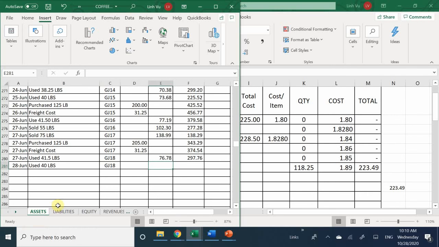It's 74.27. Balance with inventory. I got 297.76 minus 74.27, which is 223.49, which matches our inventory on hand in our worksheet. Good.